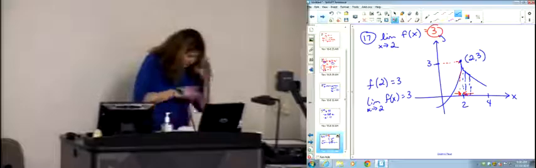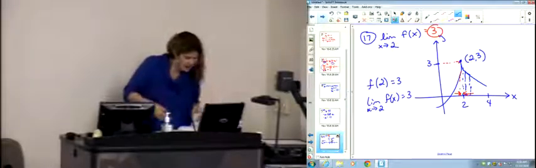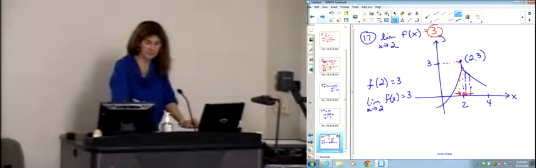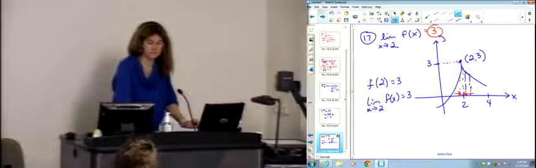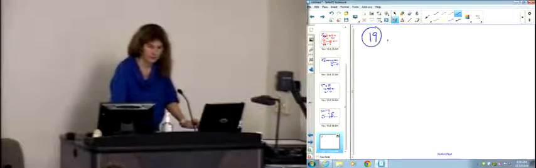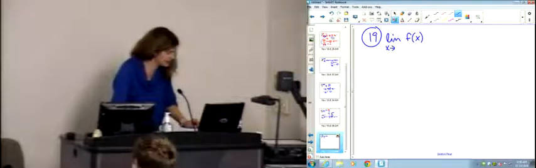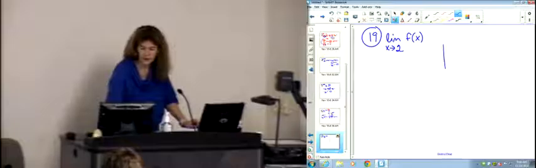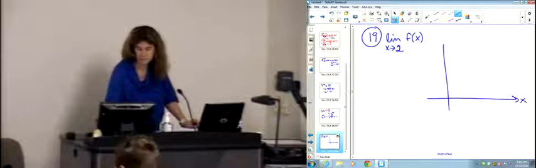But let's look at another one here. I didn't have you go down to 19, but let's go over to 19 for a moment now. On 19, again, we have the limit of some function, this time as x approaches 2. And here's our drawing this time.